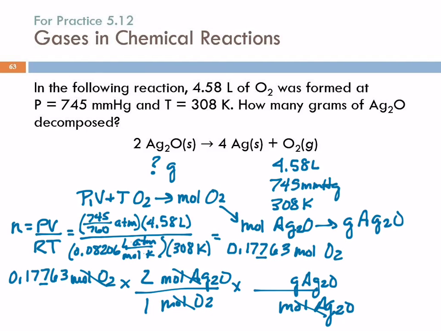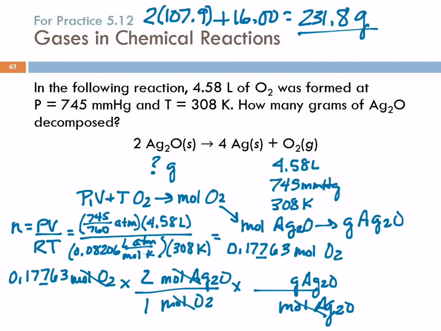And then we need the molar mass of Ag2O. So we've got 2 times the mass of silver, 107.9, plus oxygen, 16. 2 times 107.9 plus 16, 231.8. That's grams per mole.